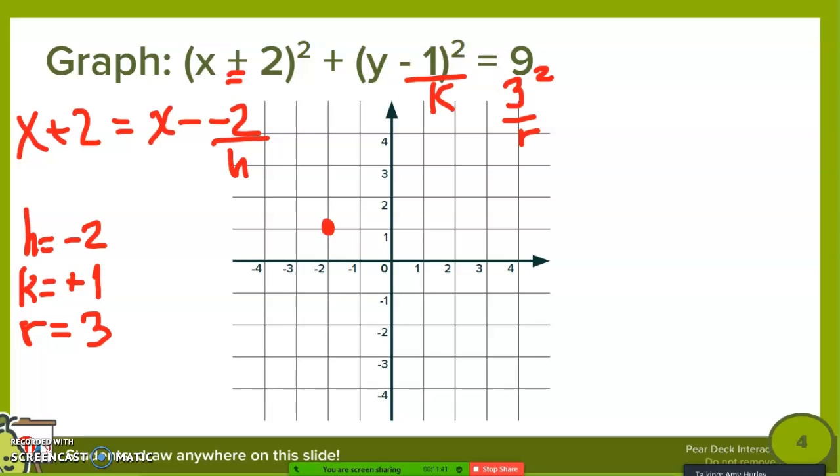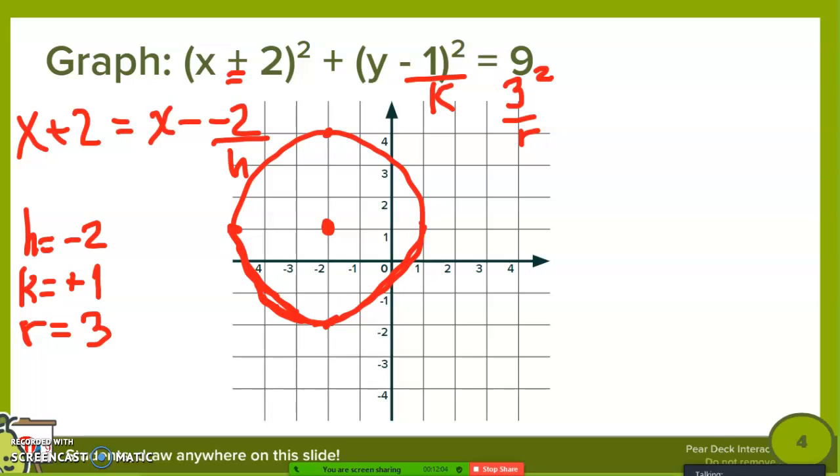Our radius is 3. So 3 up, 3 to the right, 3 down, 3 to the left, and let's sketch the circle as best we can. It's a little lopsided, but it's the best we can do when we're sketching.